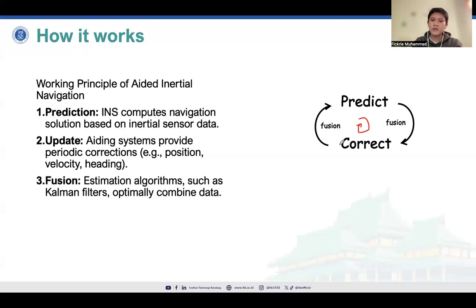And then from our corrected prediction, we predict the next state again, doing that iteratively while the AUV is moving, for example. The estimation algorithms like Kalman filters optimally combine the data. So we're going to delve into the Kalman filters, which are most commonly used by the inertial navigation system for aiding the inertial navigation system equations.